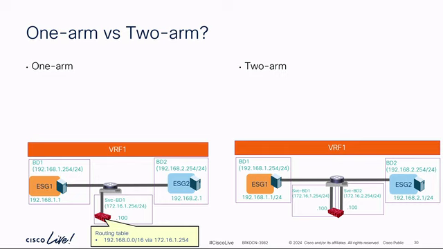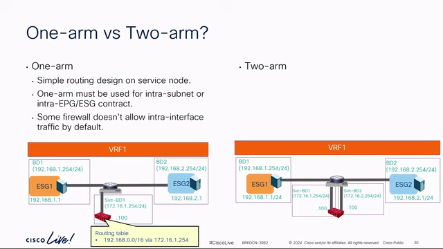1 arm would be better if you want to simplify routing configuration on the firewall, because it's just one static route, one default route pointing to the ACI bridge domain subnet as a gateway. That's it. This is also a requirement for VZNE to VZNE or intra-subnet contract.